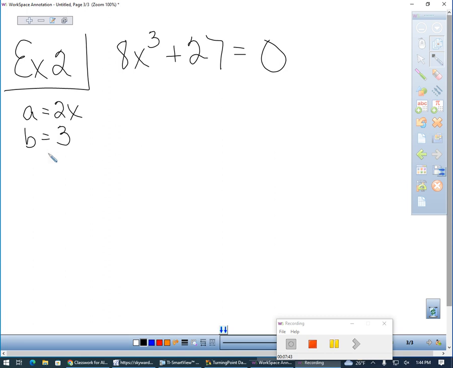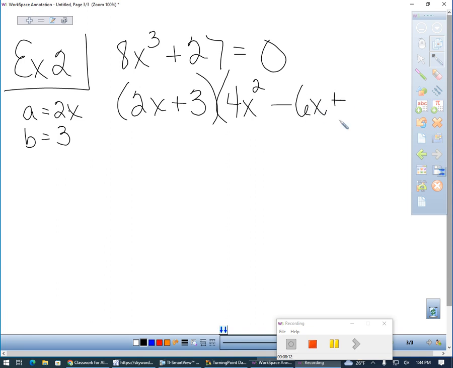So now I'm going to factor it into the binomial and the trinomial. The binomial was A plus B, so 2x plus 3, times the trinomial, which is A squared. Well, what is 2x times 2x? 4x squared, thank you. Minus A times B, what's 2x times 3? 6x.